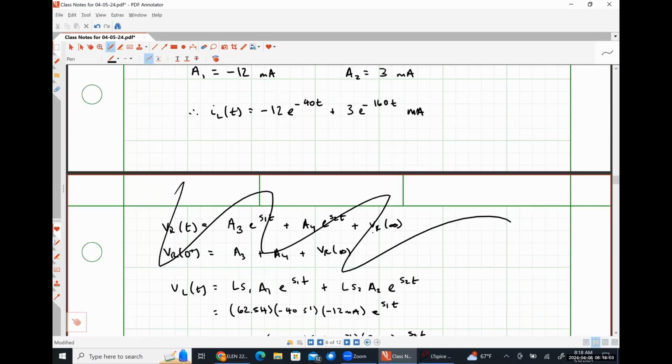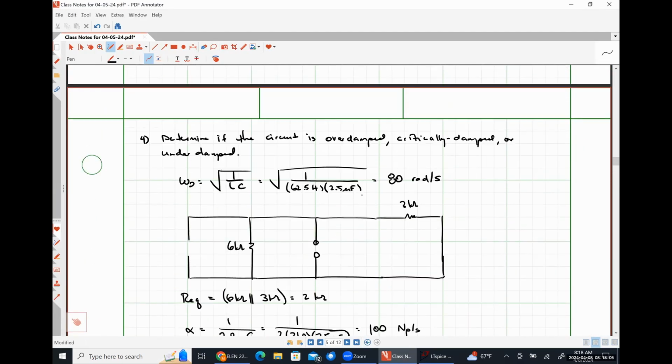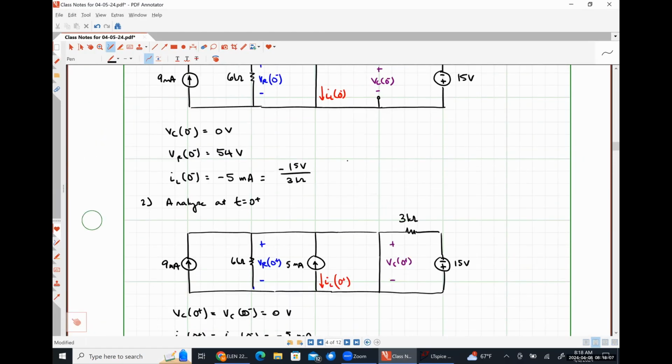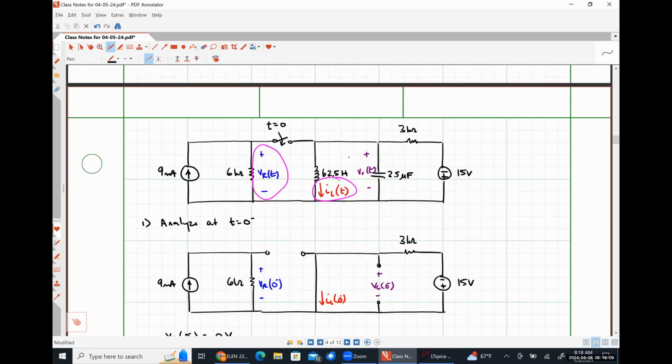During the transient condition, I might have to go back to my original circuit because I don't remember it super great. So during the transient condition, our switch is closed. So we're just going to draw this exact circuit with the switch closed. So we're going to start with a current source.